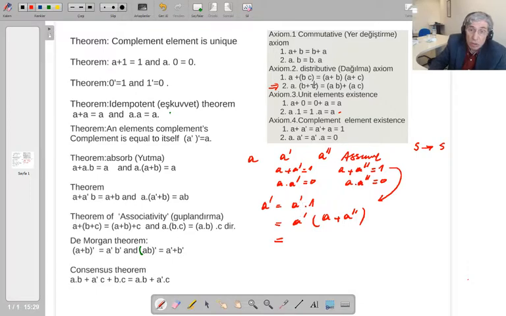If I use this distributive axiom, the second one, the dual of it, A prime times A plus A prime times A double prime, I end up with A prime A is equal to 0. I know that from before. So I can write 0 plus A prime A double prime.